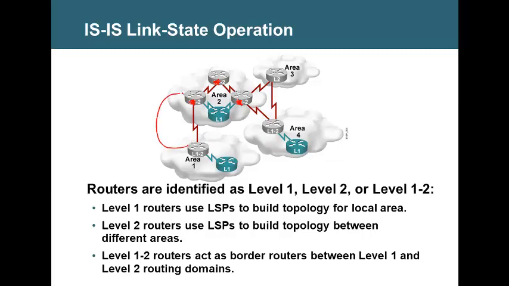L1 maintains the routes of the local area, and if I have an L1-only router, it will not have route information given by other areas. For example, this router here, and this router here, and this router here will have the network information of the local area.